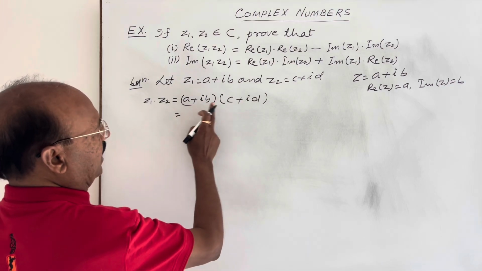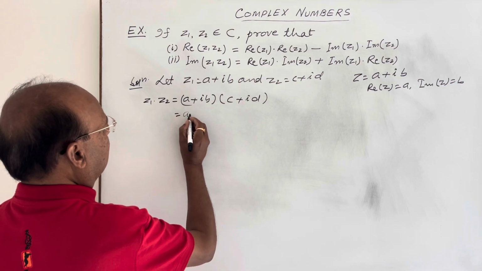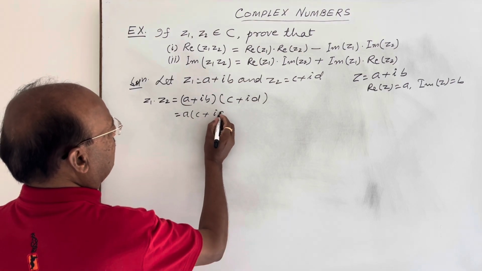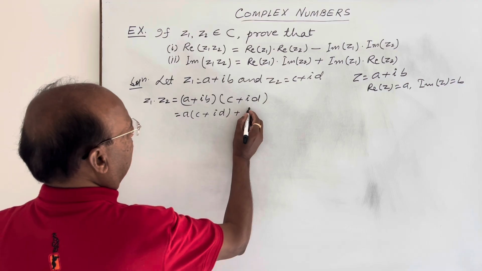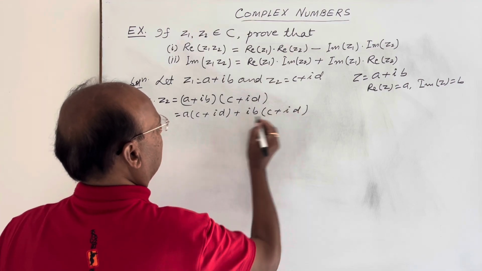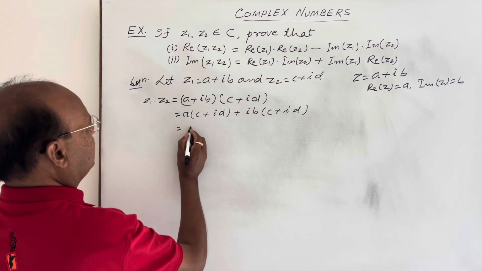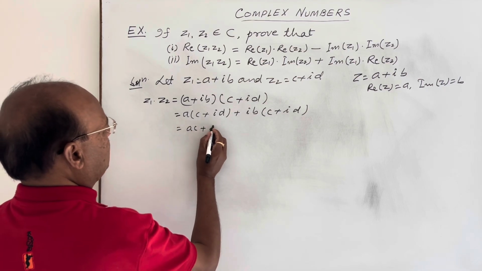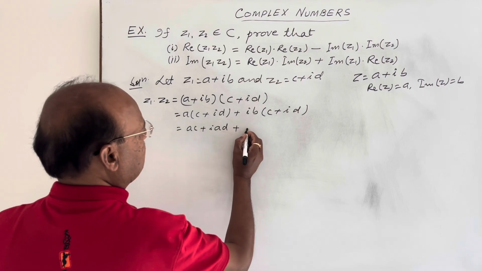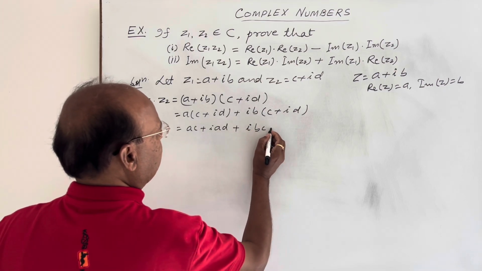First we'll multiply c plus id with a. So a into c plus id, then plus ib into c plus id. This is ac plus i into ad plus i into bc.